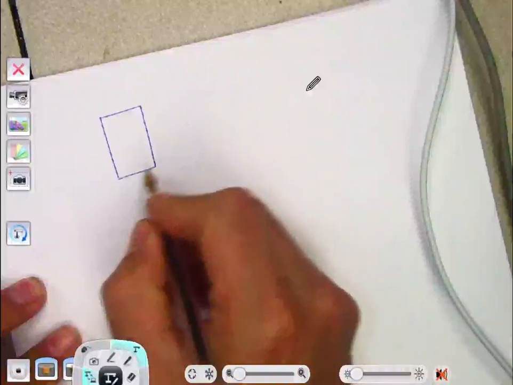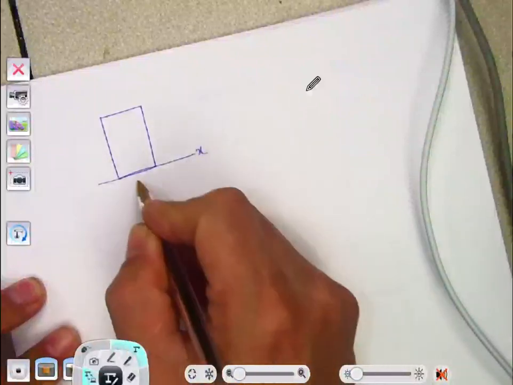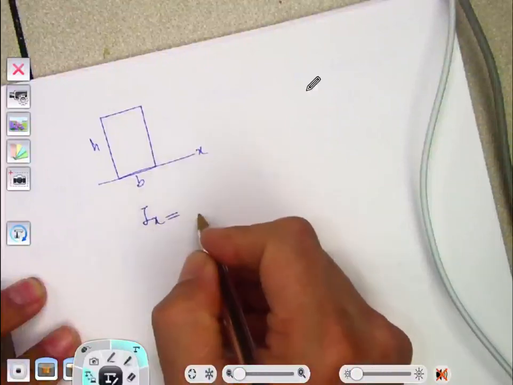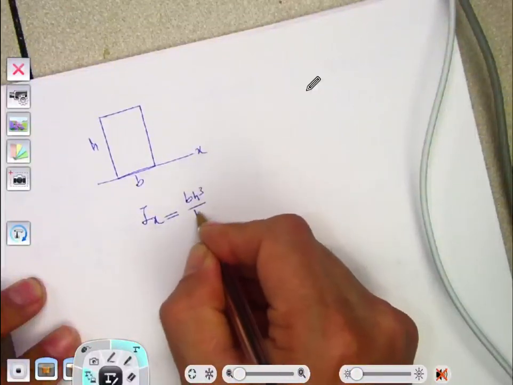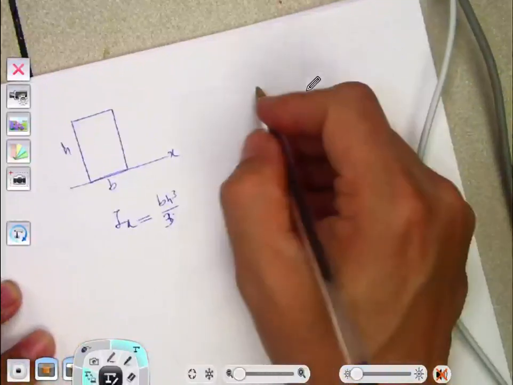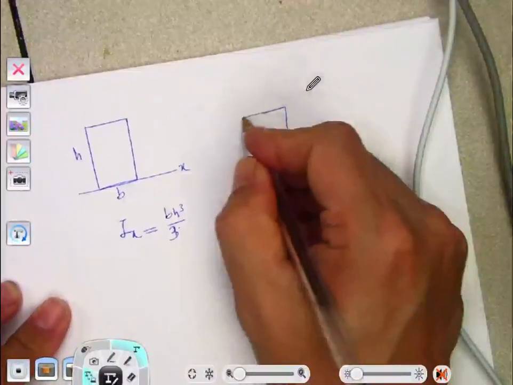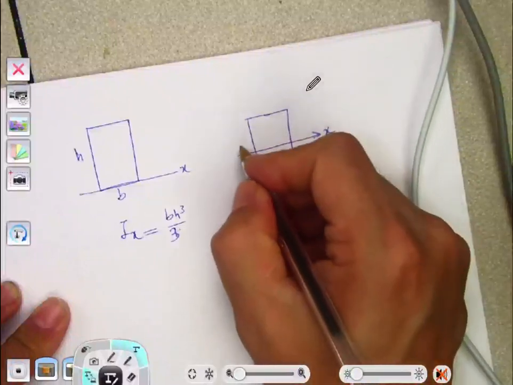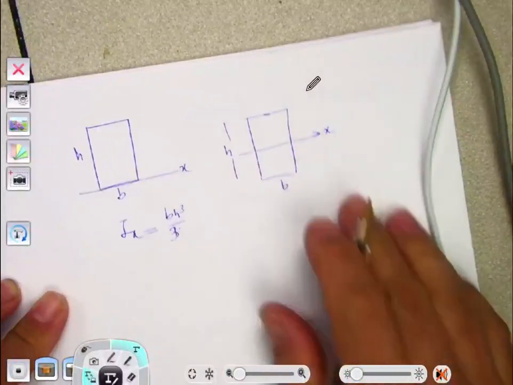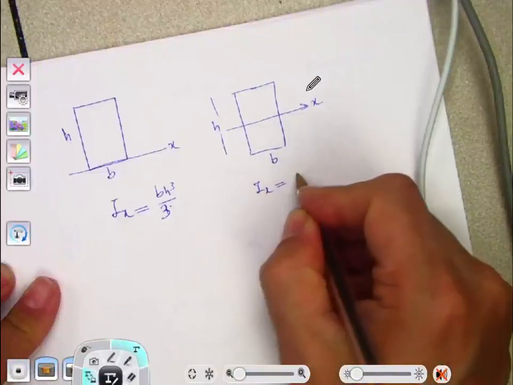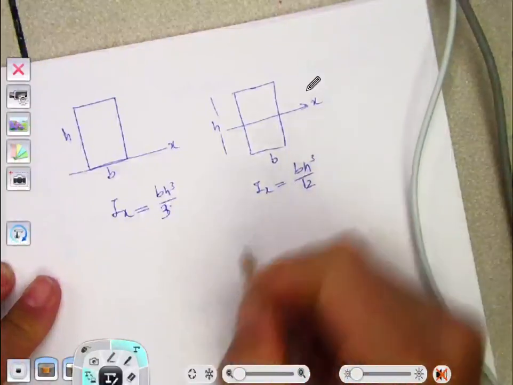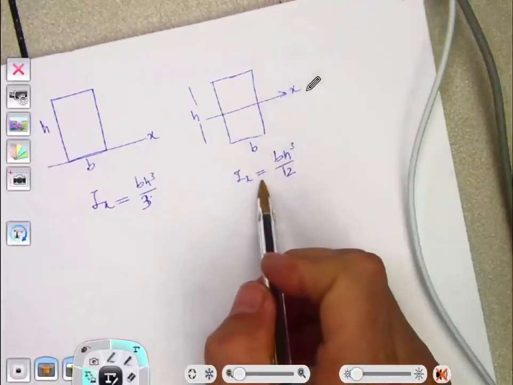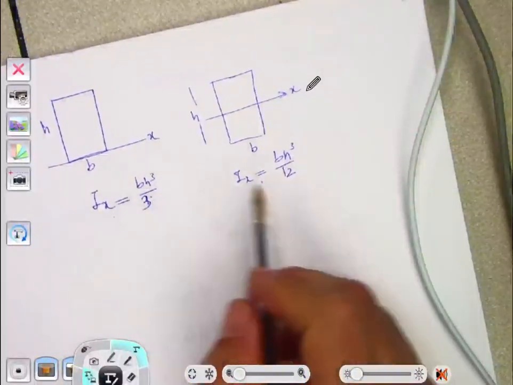For this rectangle, about the x-axis, when this is the base and this is the height, Ix was b h cubed divided by 3. And then for this one, when the x-axis passes through the center, this is h, Ix this time was b h cubed divided by 12. And that makes sense, because you see this one is smaller than this one, like 1/4 of this one.